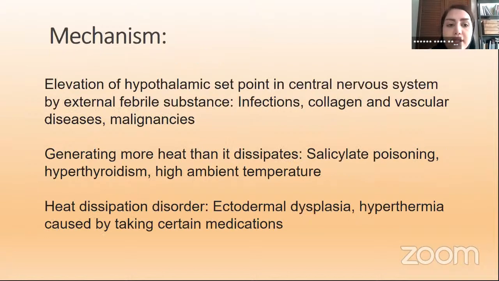And the mechanism of fever is elevation of the hypothalamic set point in the central nervous system by external febrile substances like infections, collagen vascular disease, malignancies, or it can be due to generating more heat than it dissipates, like salicylate poisoning, hyperthyroidism, high ambient temperature. I will talk about high ambient temperature.